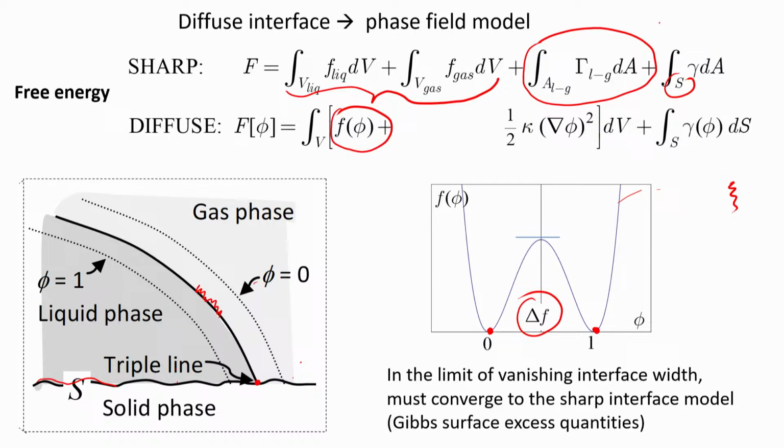And I'm left with this integral over the solid surface, where my gamma now depends on phi, and so I could maybe write my gamma of phi as gamma liquid solid for phi equals 1, so it will be by phi plus gamma gas solid 1 minus phi.